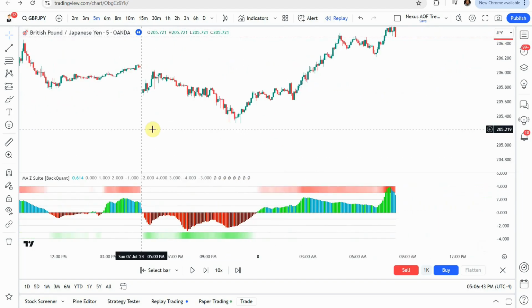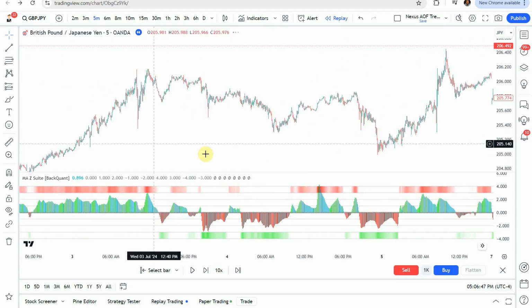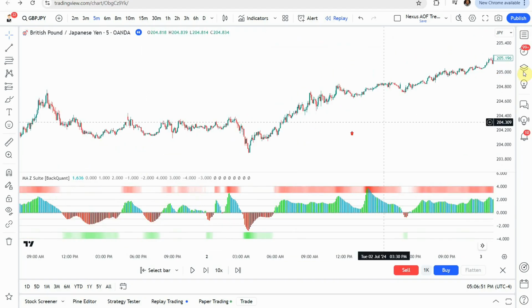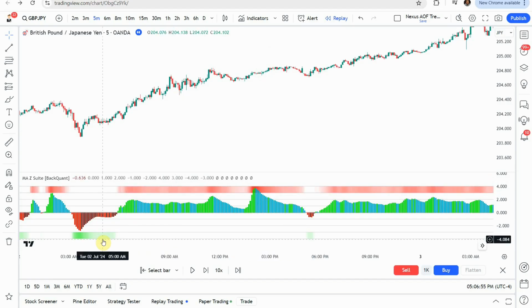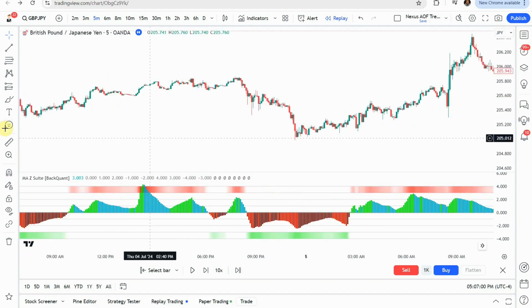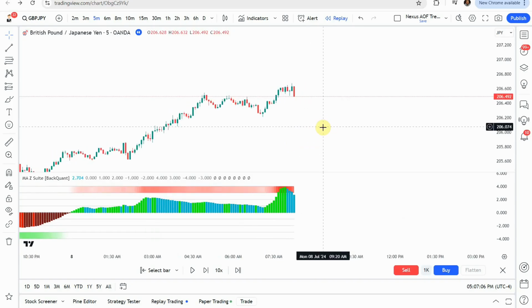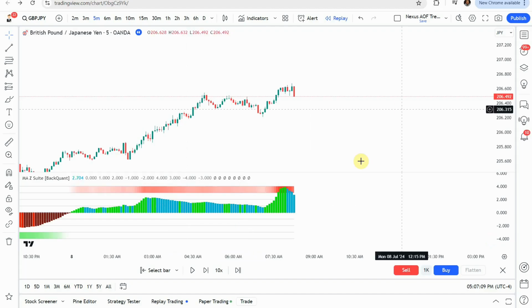And then it went on to say that the best way to spot this is when the histogram itself spikes into this upper zone or the lower zone. And so you can see here how it spikes up into this red zone. And so again, that's how the source video basically explained you should use this indicator. Look for the spikes to the extreme, to the upside or the downside.